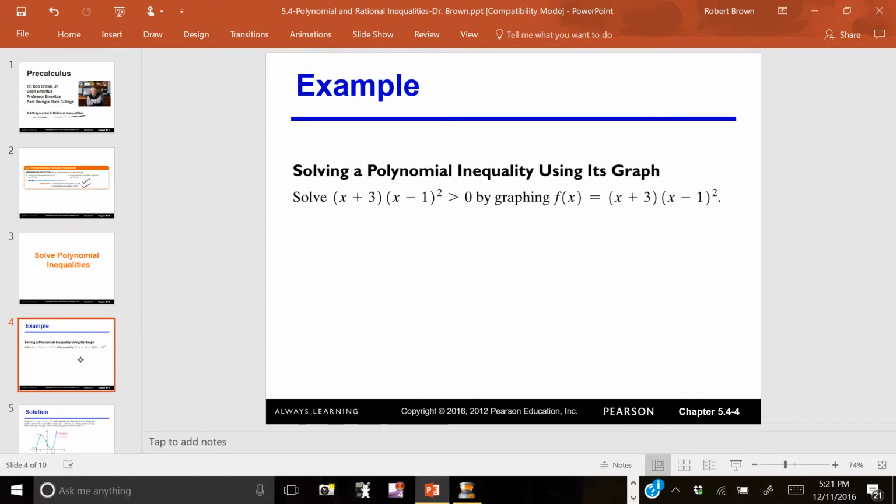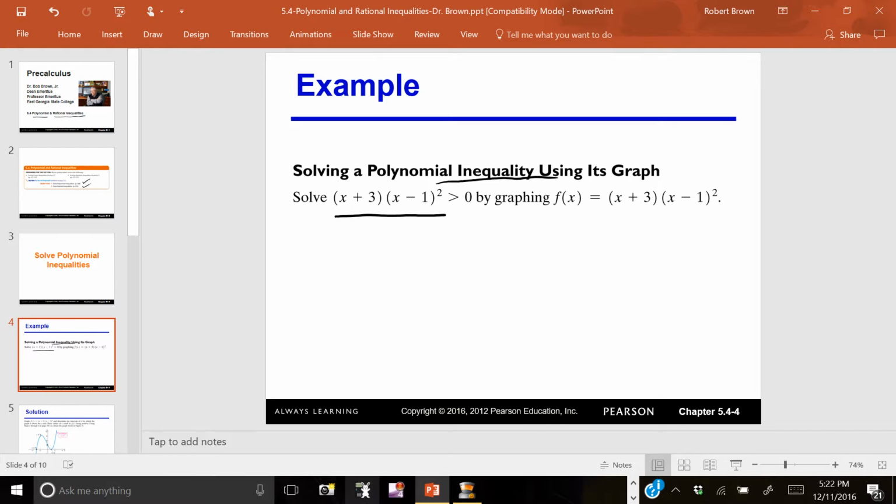For example, we want to solve a polynomial inequality, and we want to use a graph. The inequality is to solve (x plus 3) times (x minus 1) squared more than 0 by graphing it.